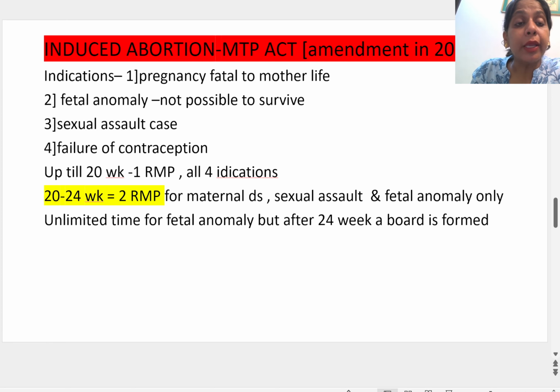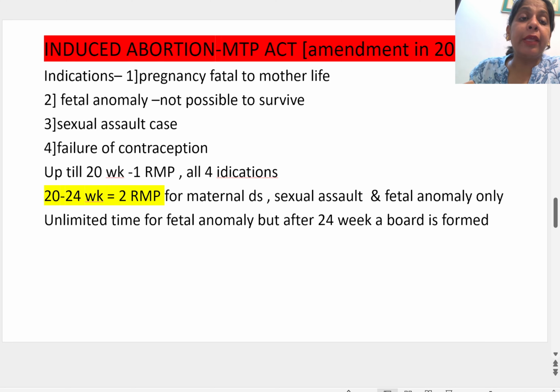It means contraception failure cases will not be given permission for 20 to 24 weeks, right?